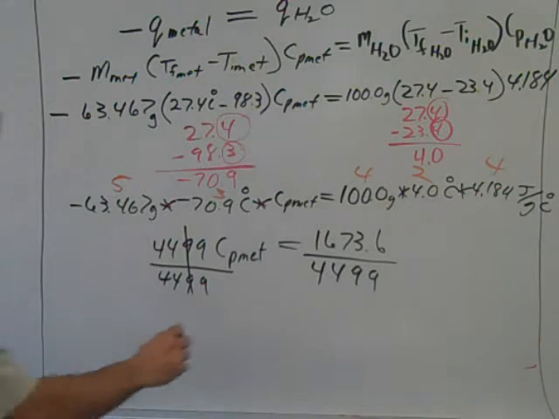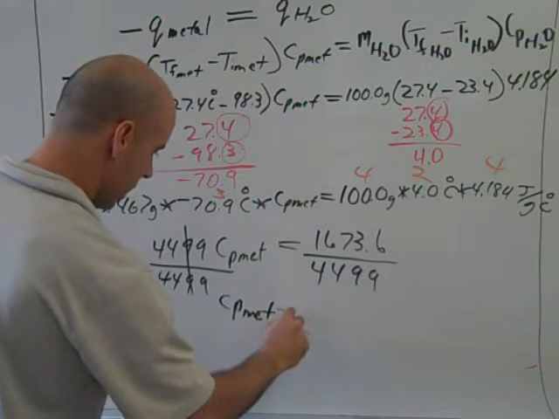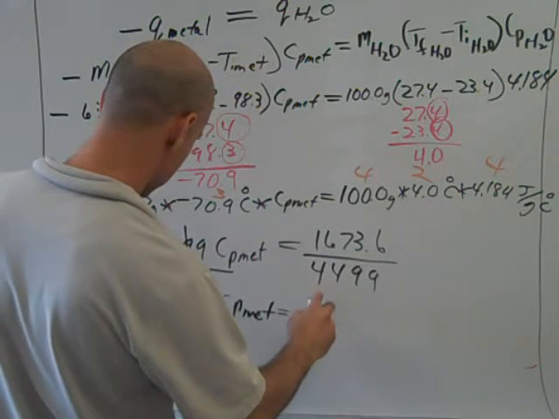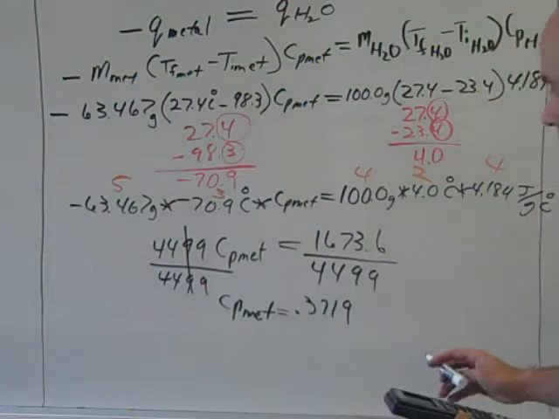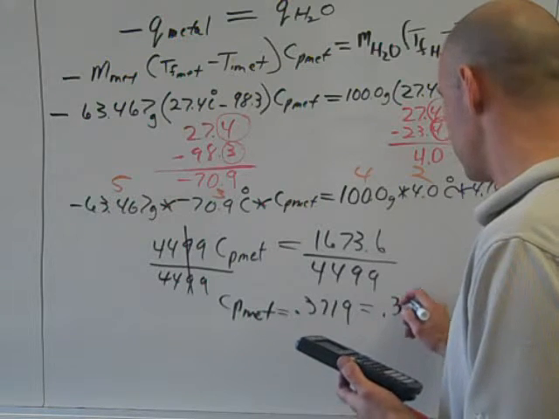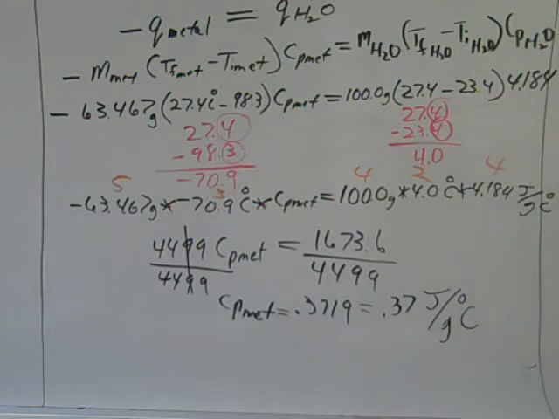So when I do my calculation, I get 0.3719, but I'm going to round it to two significant figures, so it rounds out to 0.37 joules per gram degrees Celsius. And that's the specific heat of the metal.